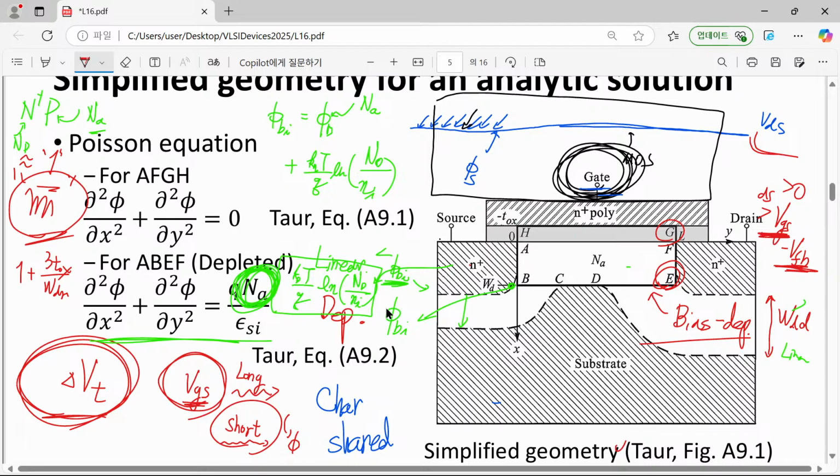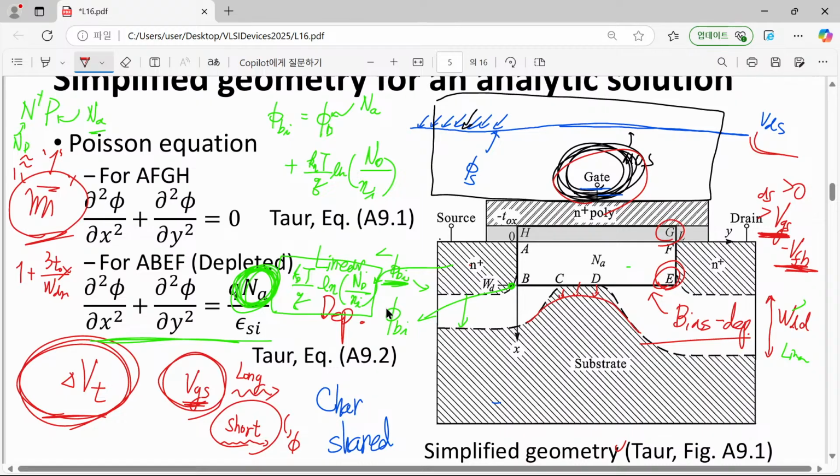Let's just say that if we have an even higher gate bias, then we will see even further depletion due to the higher gate bias. So we will have a further increase of the depletion layer.